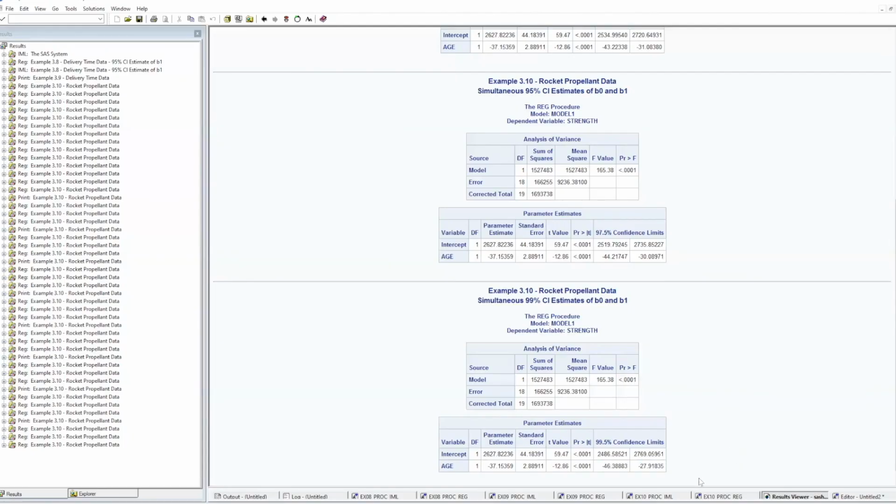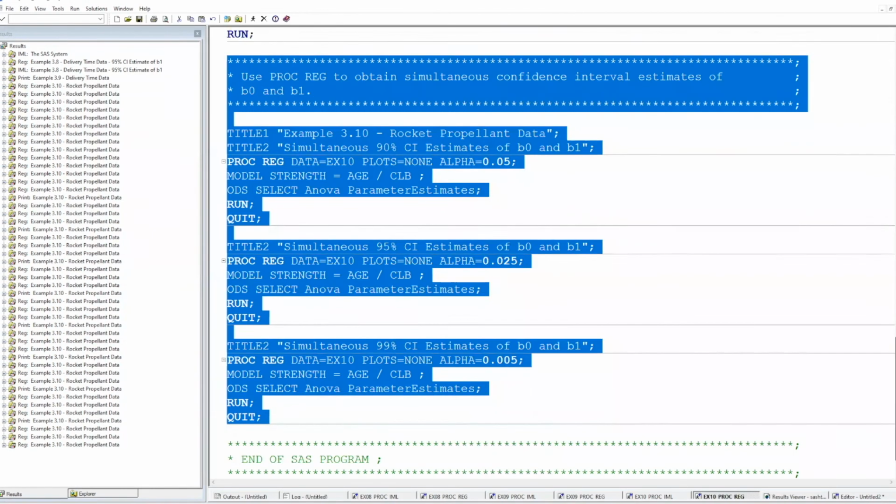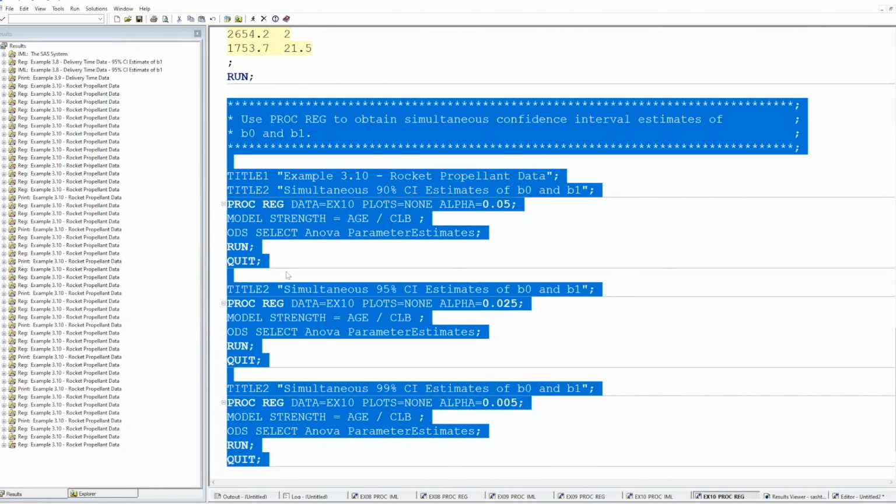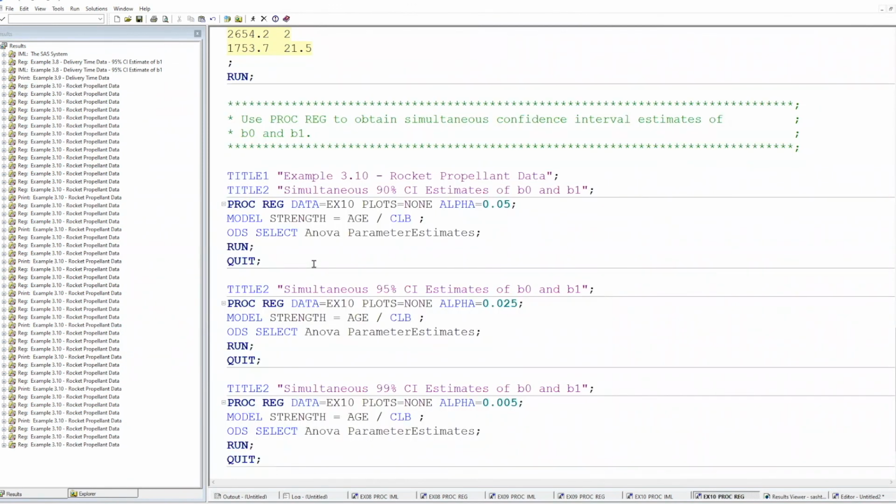So that's how we can construct joint or simultaneous confidence intervals where the confidence level applies to the entire set of confidence intervals that we're constructing.